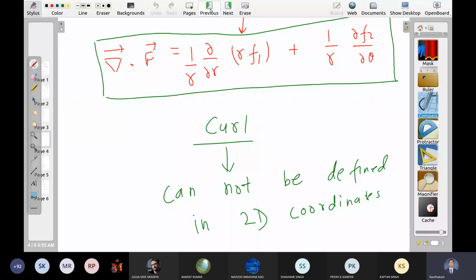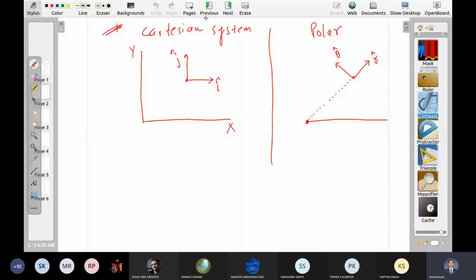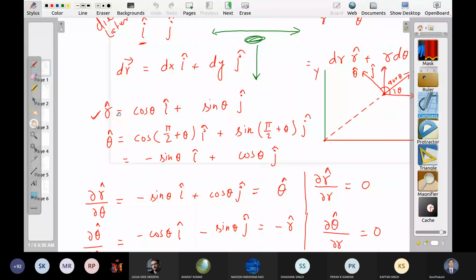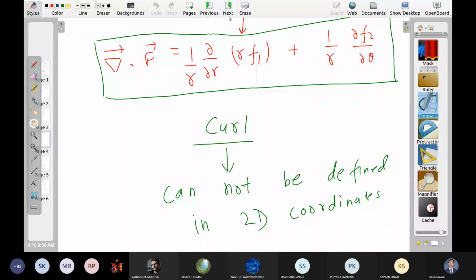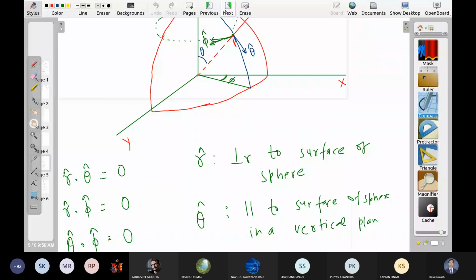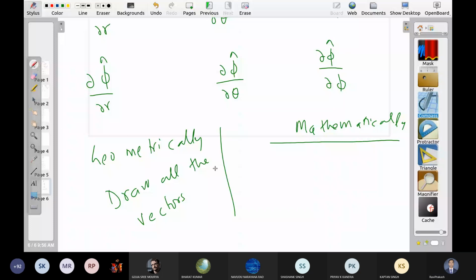We defined a connection between R theta and Ij, and from there we got the same relations very easily. So can we do something here? I mean, can we find a connection between R cap, theta cap, phi cap, and I cap, j cap, k cap? Can we go from this to this?